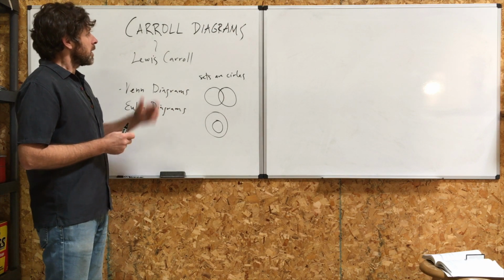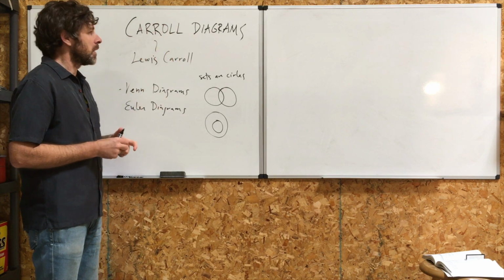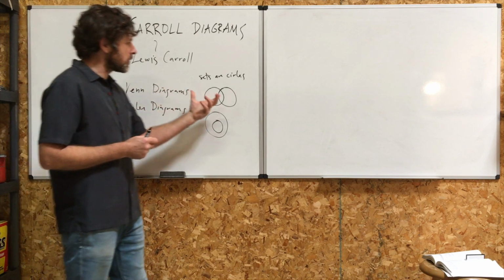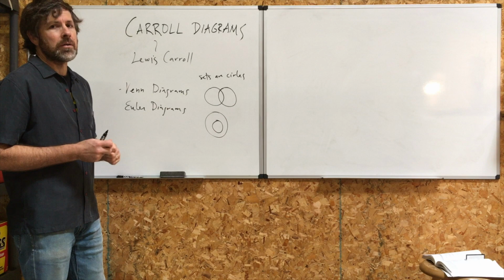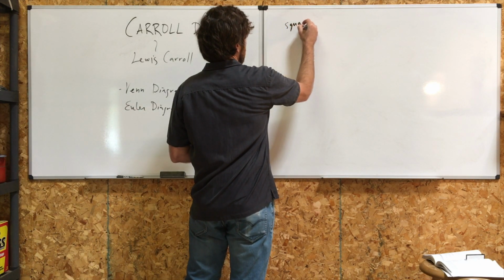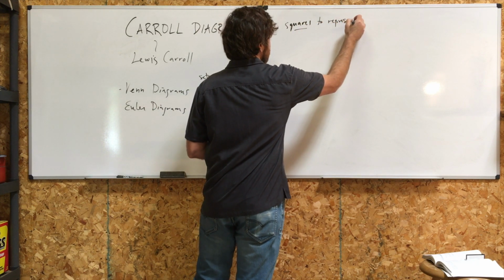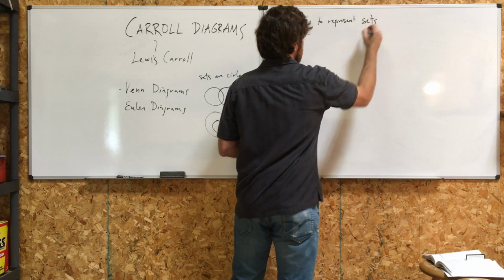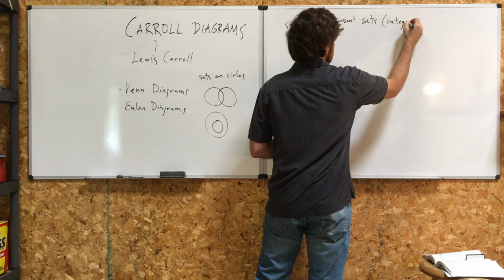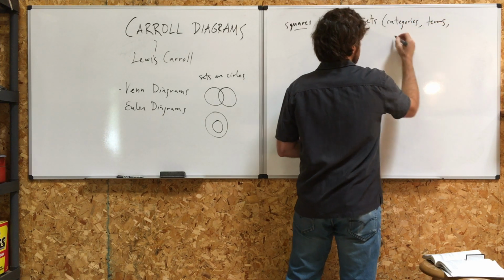And to do that, Carroll diagrams, you can do the same thing. That's the purpose of Carroll diagrams, to do category logic, to do set theory. But instead of using circles, what Lewis Carroll did was to use squares, or you could call them rectangles, to represent sets, or categories, terms, predicates.